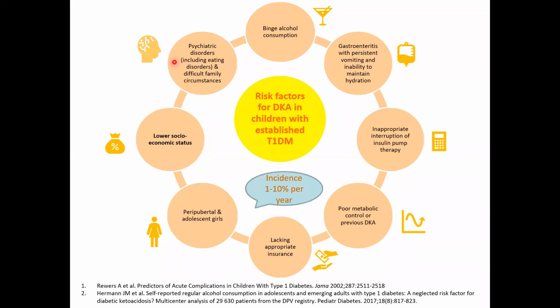And then, of course, patients who have psychiatric disorders, including eating disorders, or difficult family circumstances. Sometimes we've seen, especially in adolescents, patients who either skip insulin or even inject themselves with insulin because they're trying to get attention or get themselves out of a difficult family circumstance. So these are things to always look out for when you have a patient who has diabetes and they present with DKA.